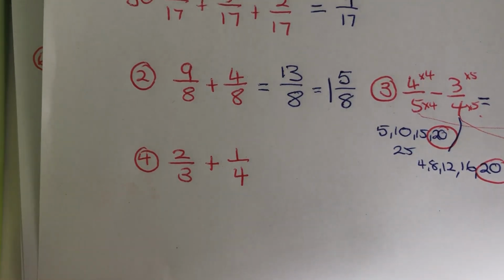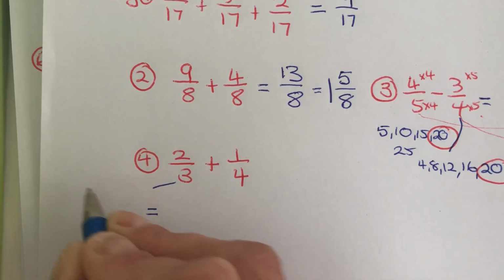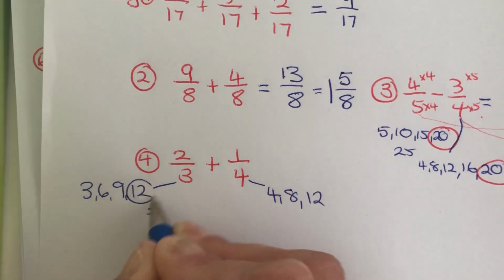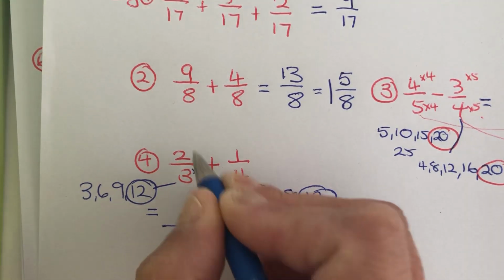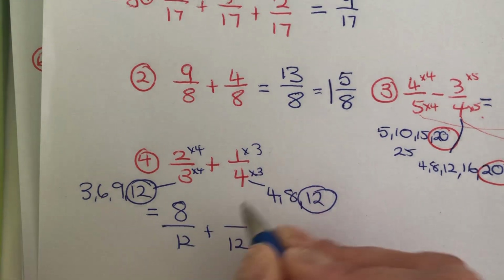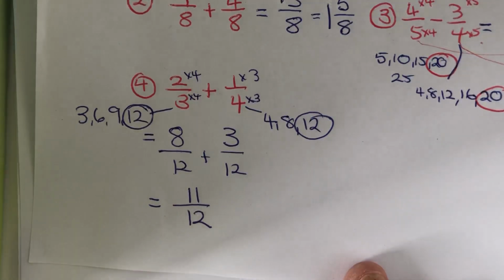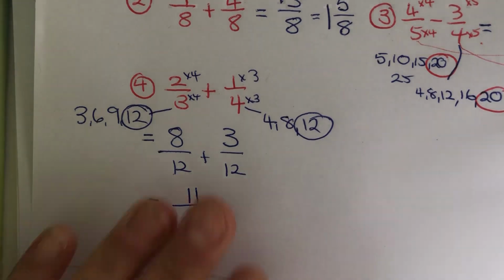You can skip ahead now and see if you can do this by yourself. I'm going to do it silently so we have a bit of time. When you're finished, have a look up. Okay, I hope you got 11 out of 12.